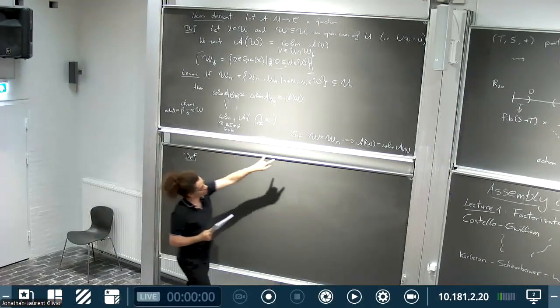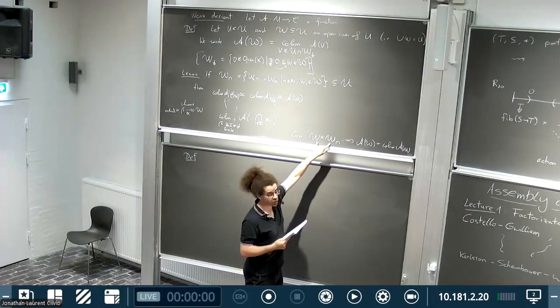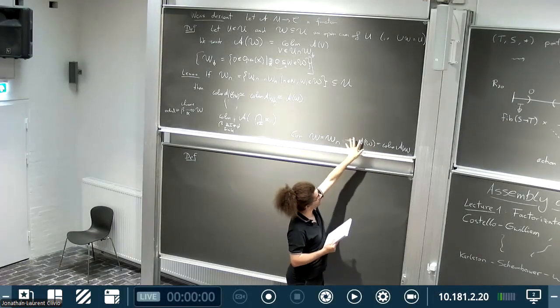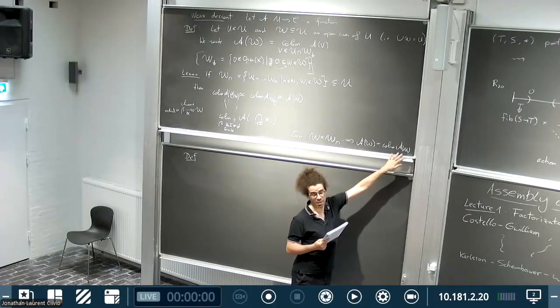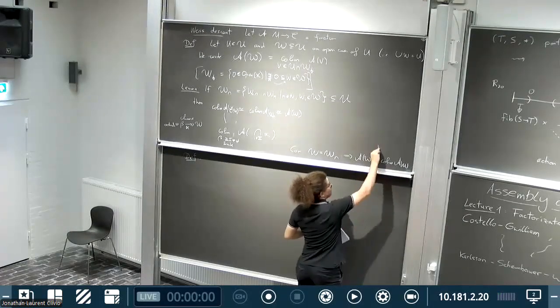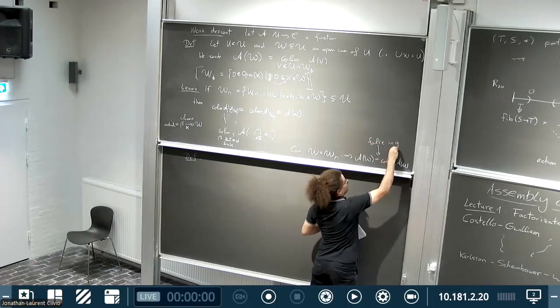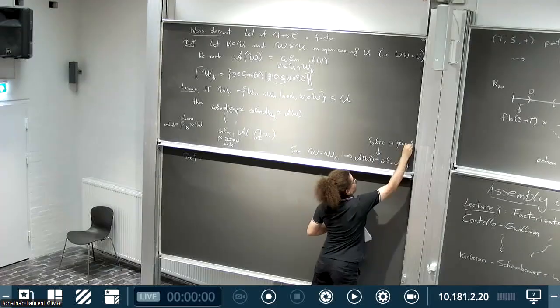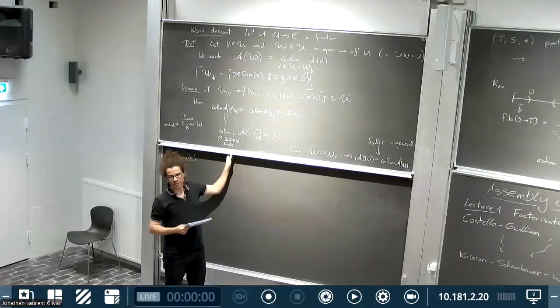And the special case you really should remember, this is the key one: if W is already intersection closed, then you have a super simple formula and you just take the colimit over W. But I want to warn that this is really false in general. So if you want to compute A of W as a colimit of stuff, you better close it.